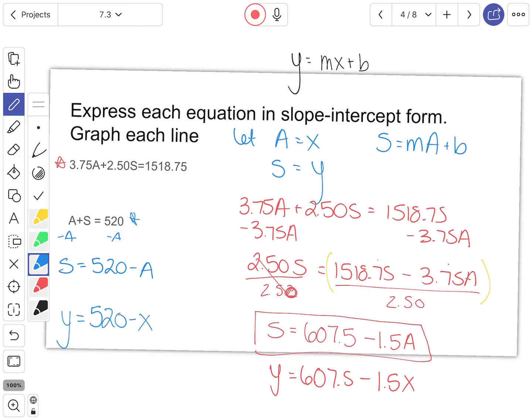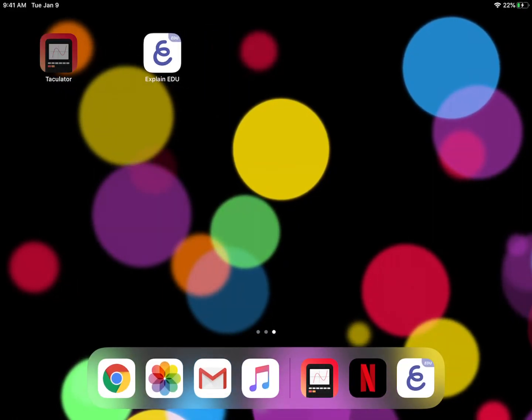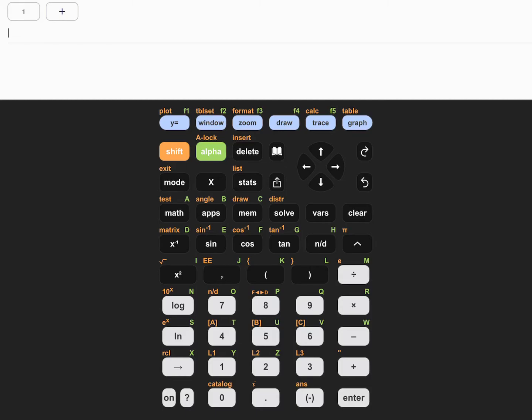All right, so using my graphing calculator app, I am going to graph this. So you're going to click the y equals button up at the top left. And that should bring up our y equals. If you have something here, you can just press the clear button and that will clear each of the y formats.